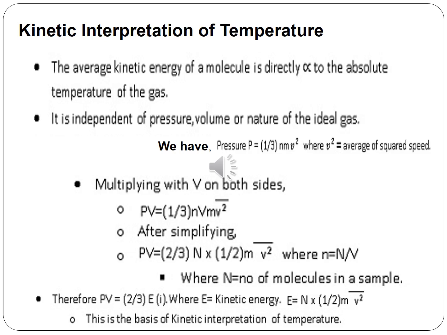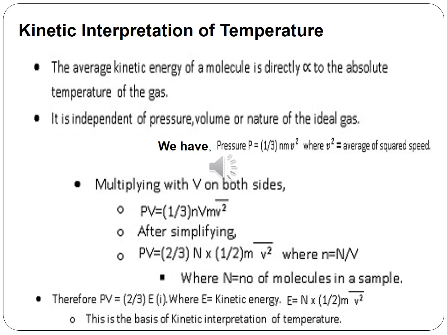Since small n is equal to capital N by V, which is the number density of the gas molecules, or the number of molecules per unit volume, the expression will be PV is equal to 2 by 3 into N into 1 by 2 m v squared.